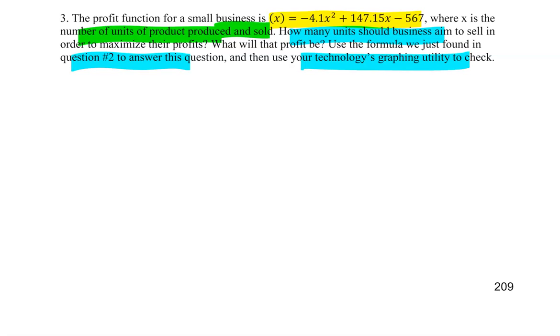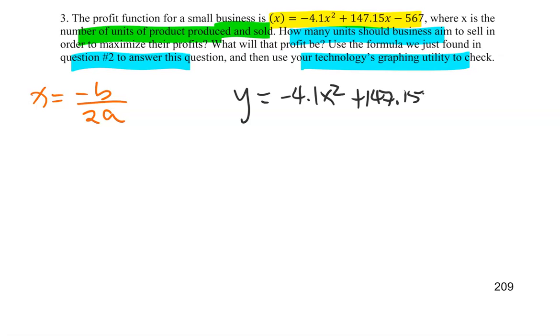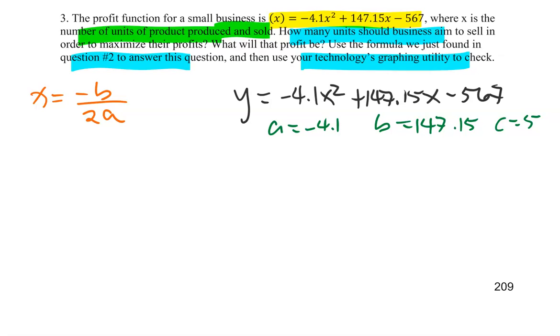So we found out with our equation that x is equal to negative b over 2a. Based on the given function f of x, I'm going to rewrite it here. y is equal to negative 4.1x squared plus 147.15x minus 567. We can identify our a, b, and c. a is negative 4.1, b is equal to 147.15, and c is equal to negative 567.